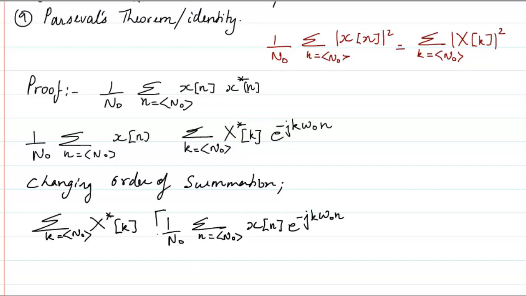And what is this much portion? This much portion is basically the DTFS of x of n.